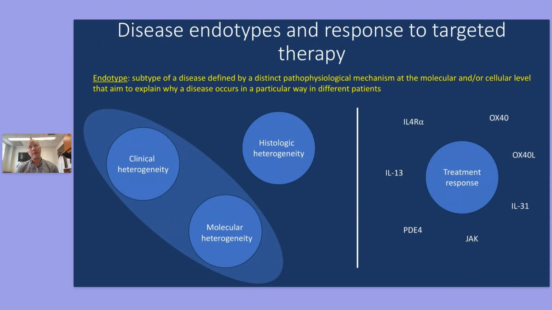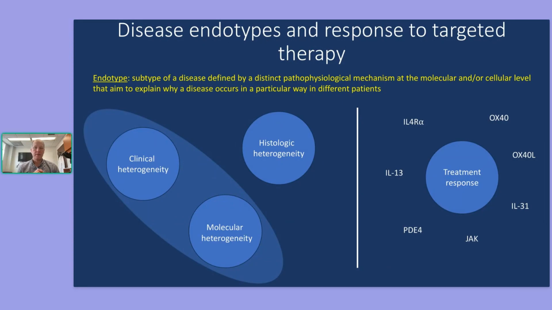And I'd like to extend that to say why patients may or may not respond to the same targeted therapy. So when we're thinking about heterogeneity of disease, at least in these two particular diseases, psoriasis and eczema or atopic dermatitis, folks have mostly focused on clinical heterogeneity and molecular heterogeneity. So the way it looks to the doctor evaluating the patient, and what we look at for things like RNA-seq.